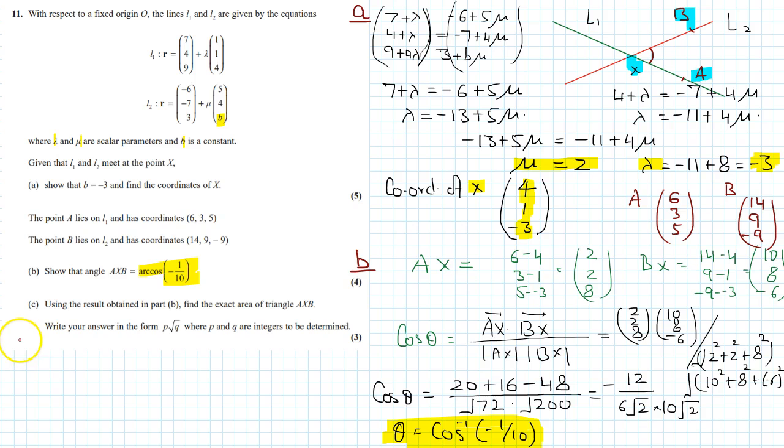Part C. Using the result in B, find the exact area of triangle AXB. So we have to find the area of this triangle.